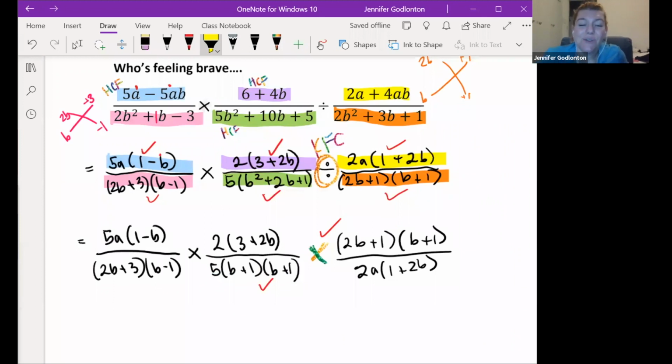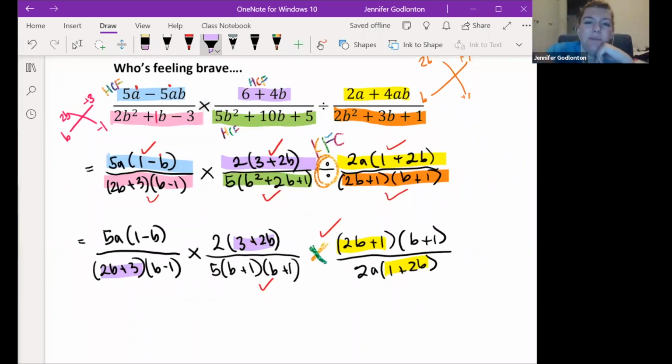So there are a lot of different things we could do here, but let's start with the easy things. 1 plus 2b is the same as 2b plus 1. Remember, if they're the same sign, it doesn't matter. So the pluses are the same, and 2b plus 1 is the same as 1 plus 2b, so they can cancel. Same goes for this 2b plus 3 and this 3 plus 2b, because it's a plus sign, it doesn't matter.